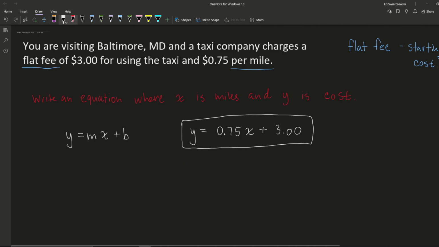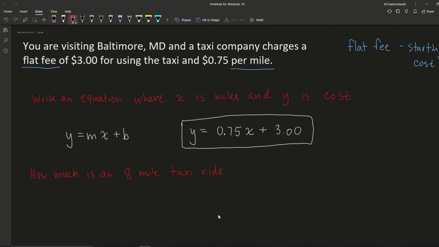And now I have a follow-up question here, which is how much would the taxi ride be for 8 miles? How much is an 8-mile taxi ride? So I want you to think about this. I'm given another number.